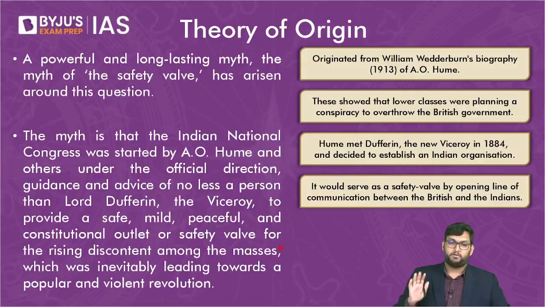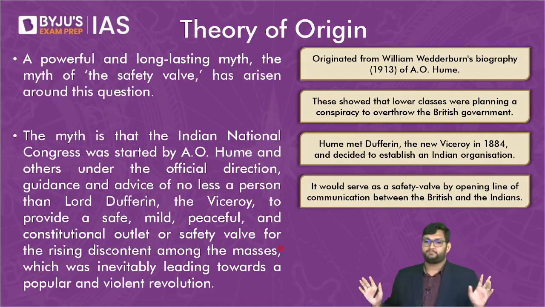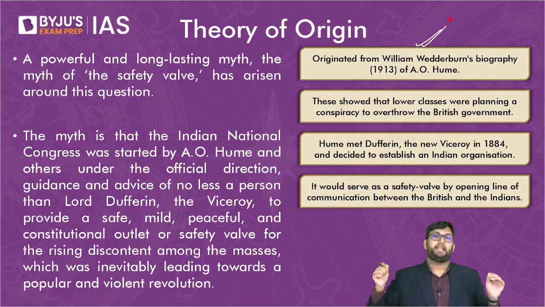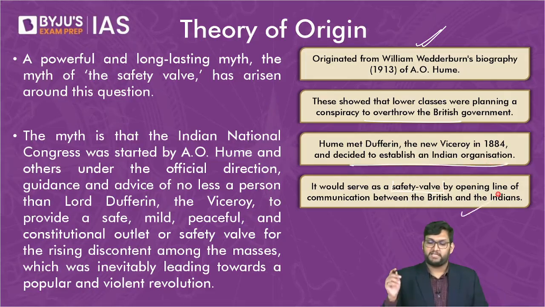Now, the theory of the origin is based on William Wedderburn's biography of A.O. Hume, written in 1913, that showcased that the lower classes were planning a conspiracy to overthrow the British government. Hume met Dufferin, the new viceroy, in 1884, and they decided to form an Indian organization. It would serve as a safety valve by opening the lines of communication between the British and the Indians.